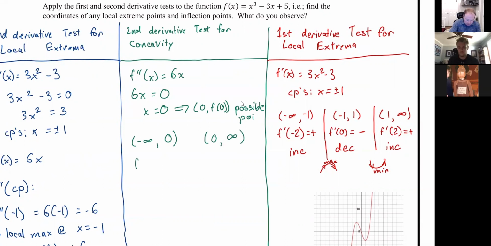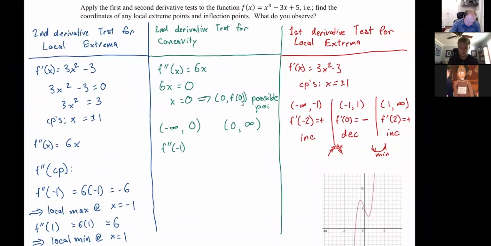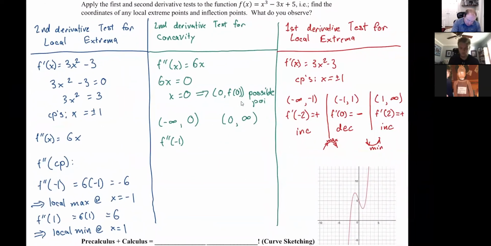Plugging in a value in here, let's just say negative 1. Again, we actually already did this computation on the left. We see that it's going to be equal to negative 6. So we are concave down. And f double prime of 1 is equal to 6. So this concaves up.